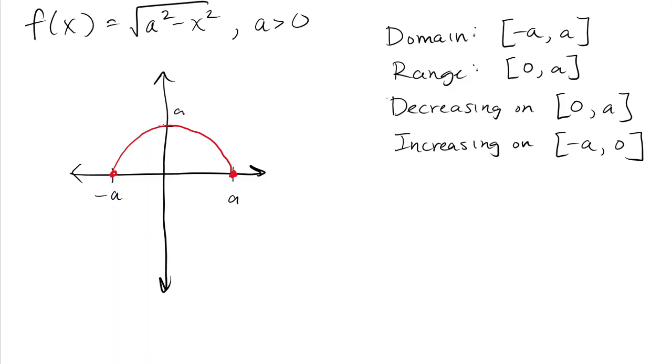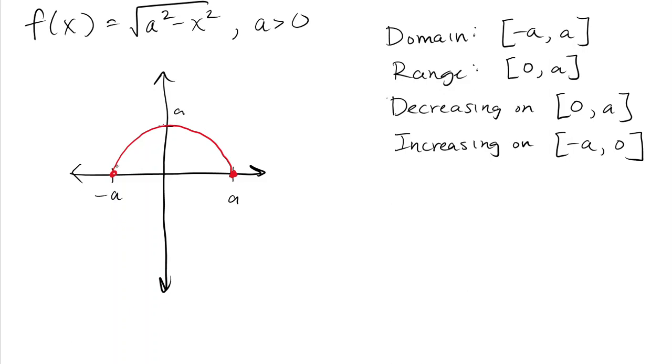It's the upper half of some circle. If we make sure to be careful to say that a is positive, then we can say that it has radius a. The domain ranges from minus a to a. The range is restricted from 0 to a because we only have the upper half of the circle.